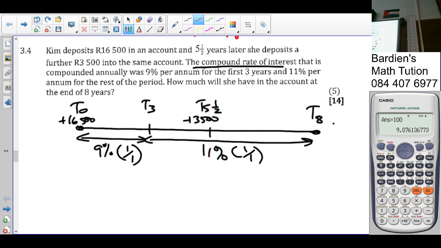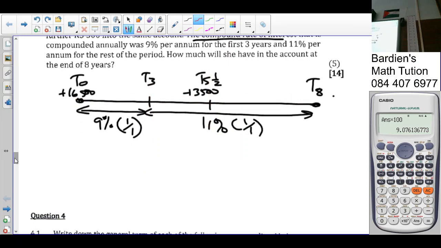Otherwise, there is the build-on method where we take 16,500 until here, then change the interest rate, then add this amount to it, and then take it to the end. That is also fine. Any method that works for you, you adopt it and stick to it.